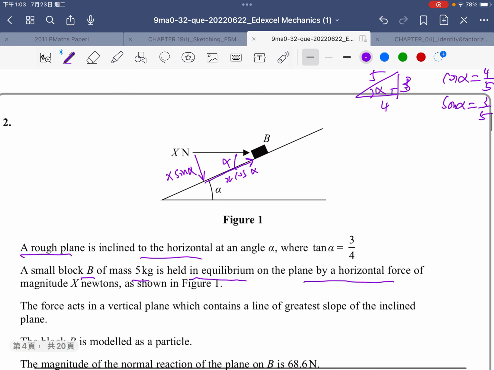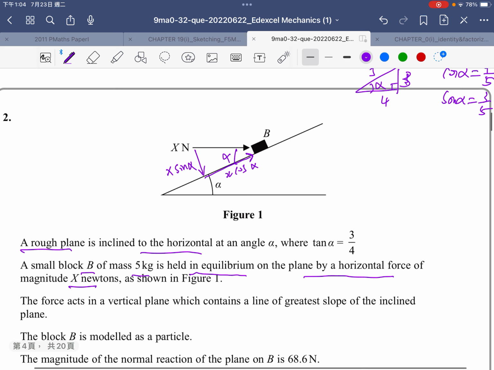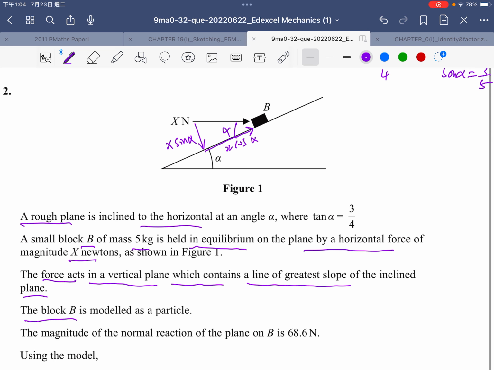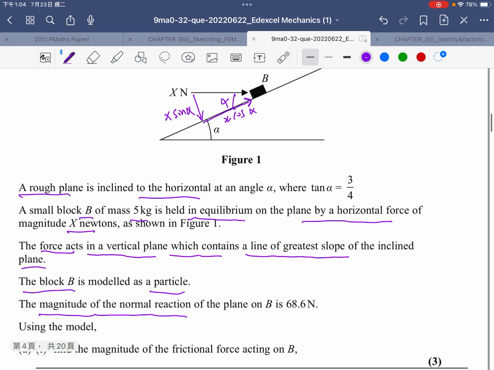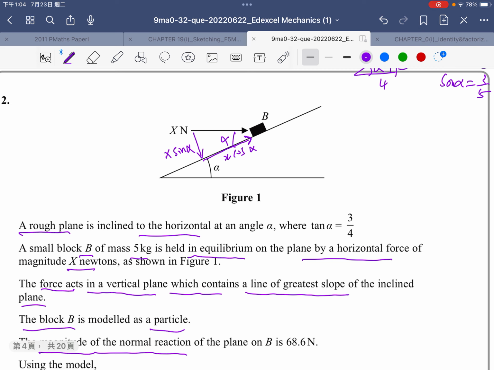The x newtons force acts in a vertical plane which contains a line of greatest slope of the inclined plane. The board B is modeled as a particle. Then the magnitude of the normal reaction. Normal reaction means the force perpendicular to the plane.